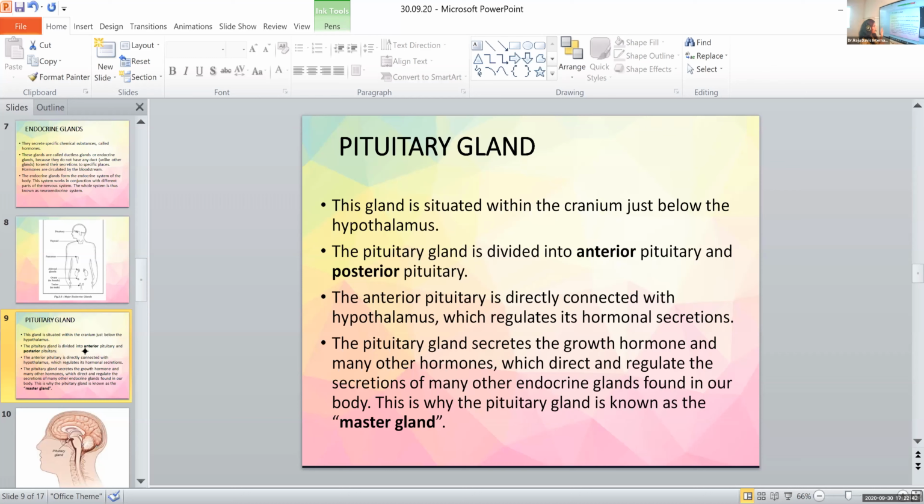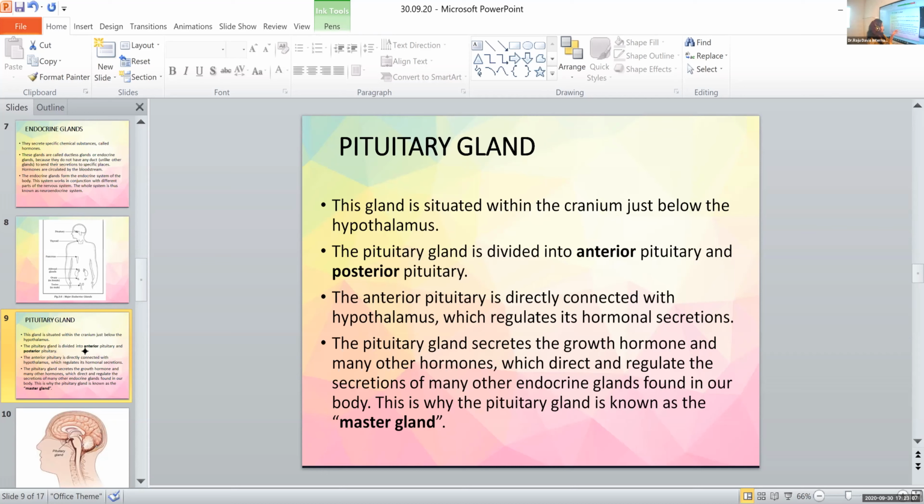The pituitary gland secretes the growth hormone and many other hormones which direct and regulate the secretions of many other endocrine glands found in our body. This is why the pituitary gland is known as the master gland.